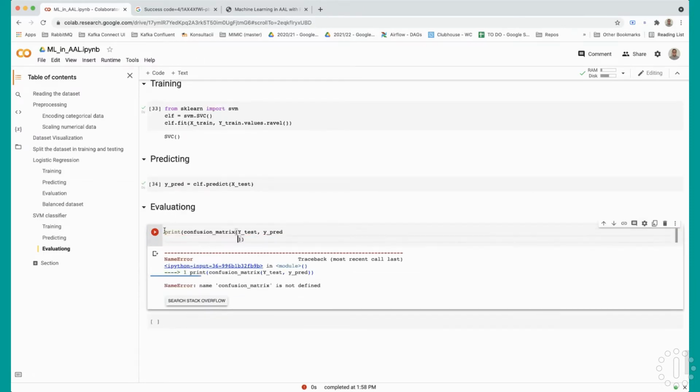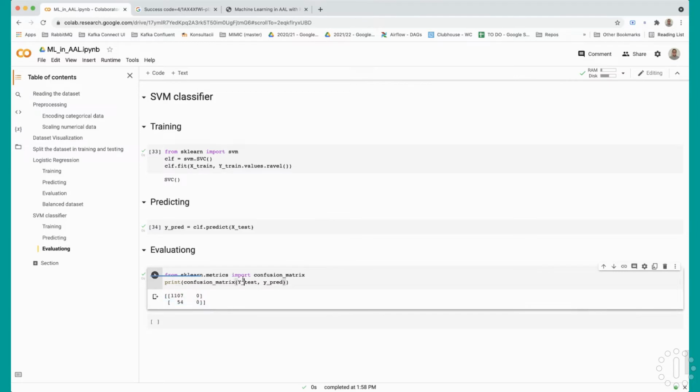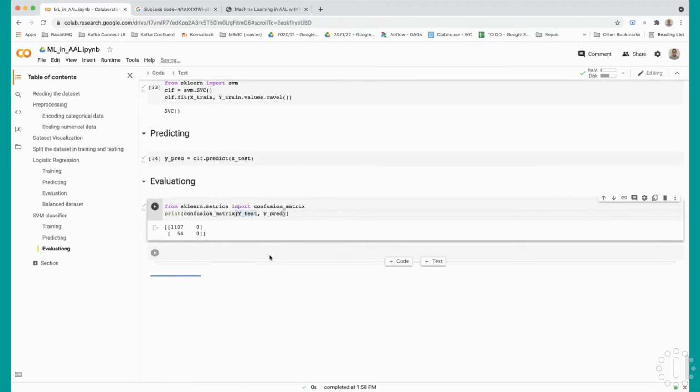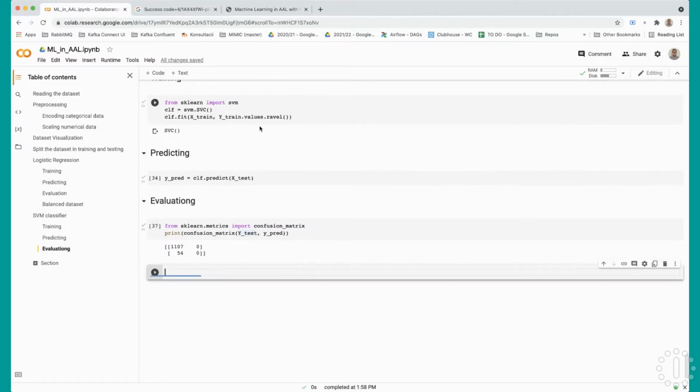We just have to import it first, from scikit-learn metrics import confusion_matrix. There it is. Oh, this looks nice.